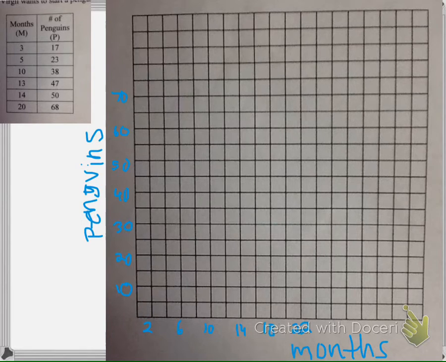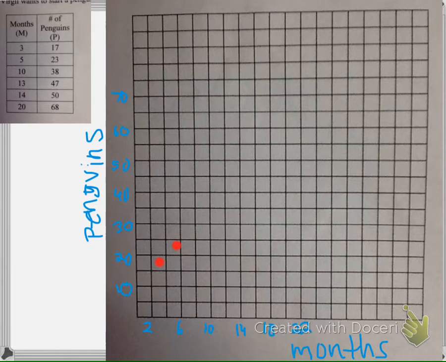So now all I have to do is graph my points using my table. So at 3, 17, so 3 is about right here, and 17, if that's 15, 17 will be right there. It's hard to get it exact on here. And then at 5, 23 will be about here.